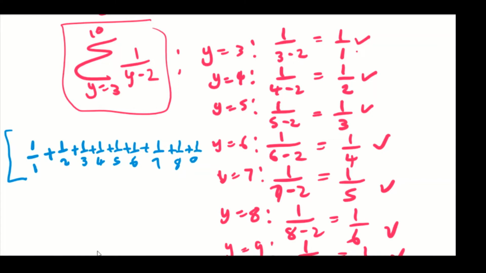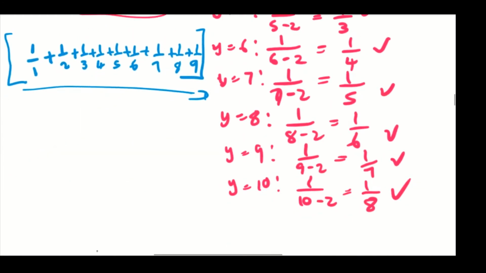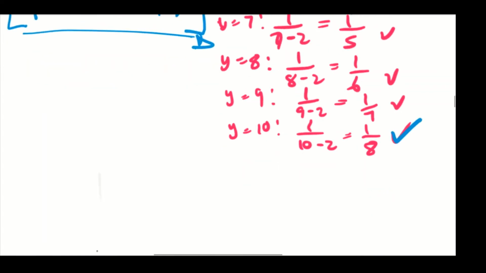Oh, sorry, it ends at 1 over 8. Let me correct myself here. It's 1 over 8, this is the last one. So these are the terms for the first sum.